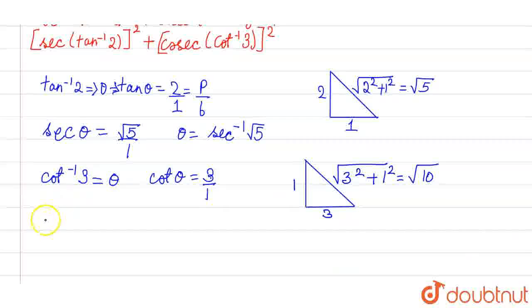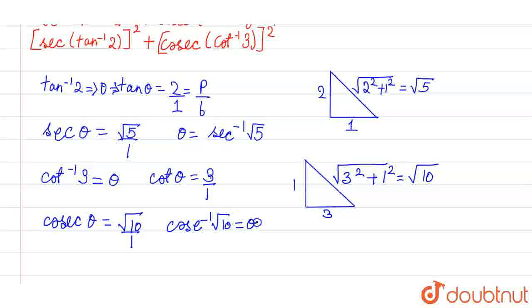Now what will be the value of cosec theta? It will be equal to root 10 divided by 1, so theta is cosec inverse root 10.